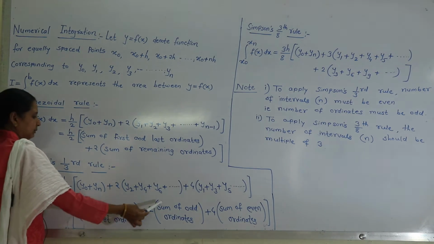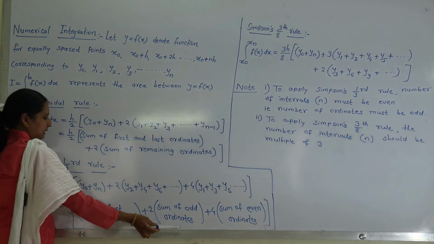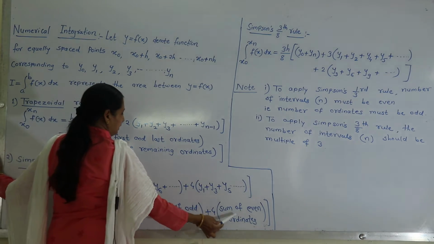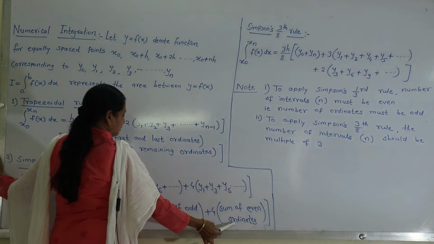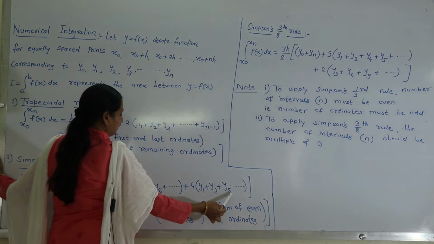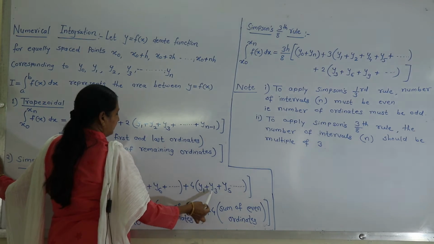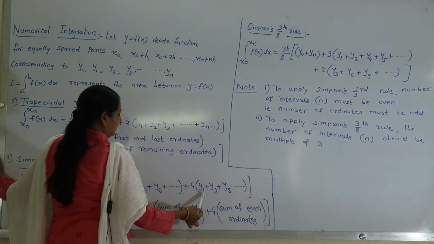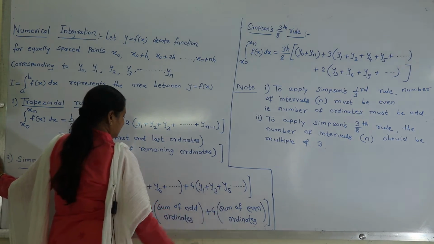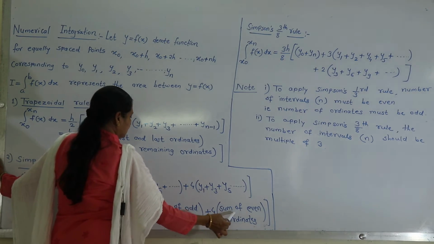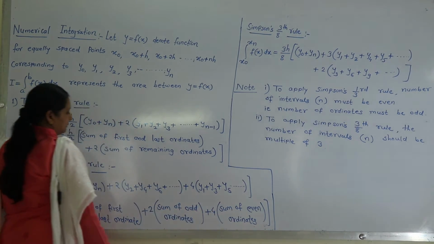Actually the suffixes here 1, 3, 5 are odd numbers, but these y1, y3, y5 are at the even place. Therefore these are called even ordinates.